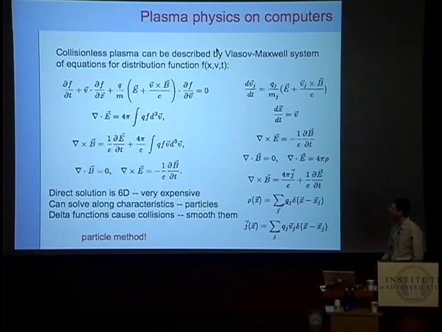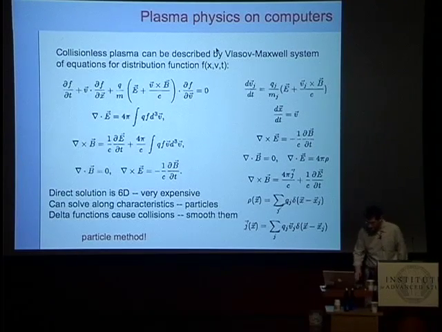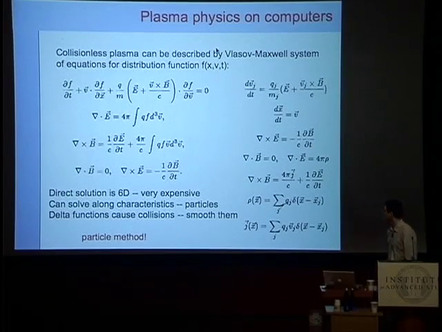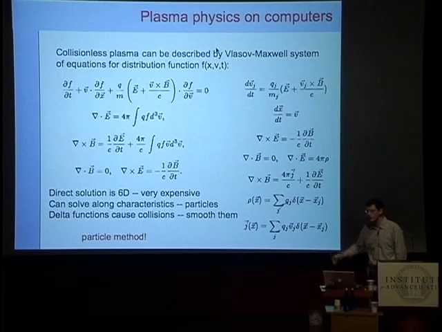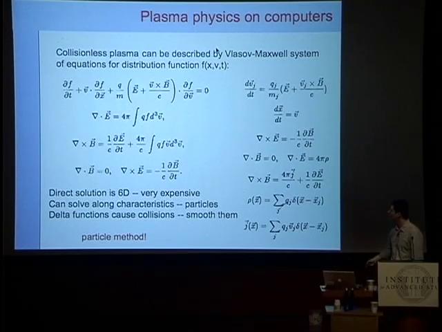That's your current. And then you have two other Maxwell's equations, the divergence of B equals 0 and the induction equation. Okay, so this is a closed system, and you can go ahead and try to solve it. The problem is it's in general a 6-dimensional system. This function is defined in 6 dimensions, 3 space, 3 velocities.